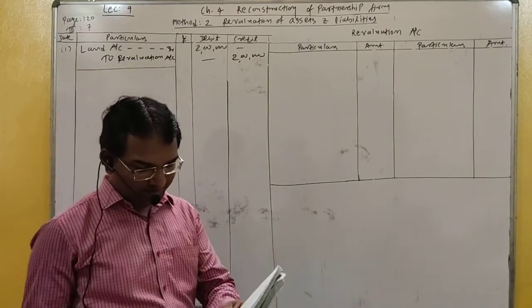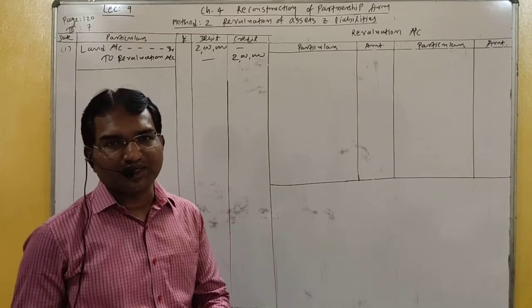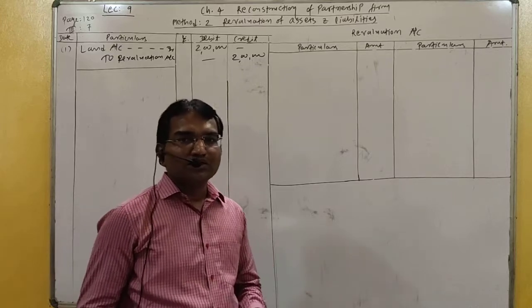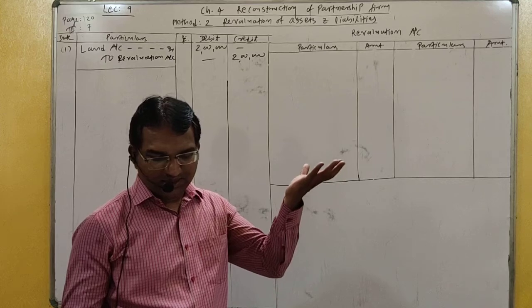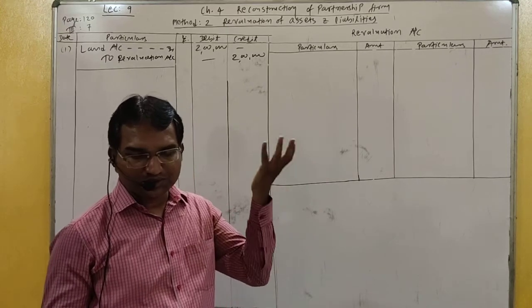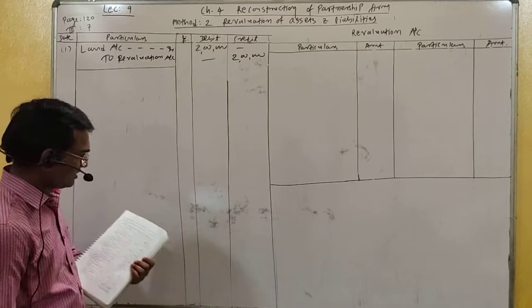Now second adjustment. The value of building is increased by rupees 1 lakh. Here direct increase in building is given, and increase in asset means increase in building. So journal entry is very simple, a similar entry: building account debit to revaluation account.